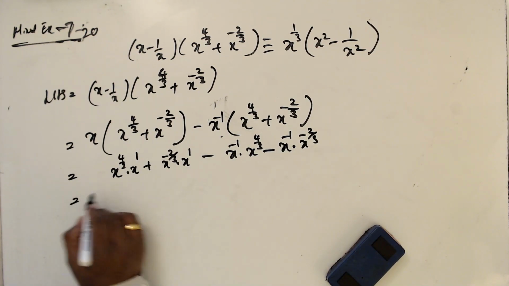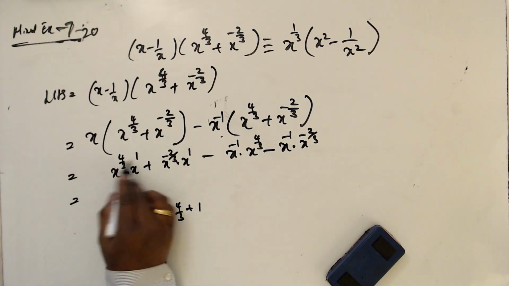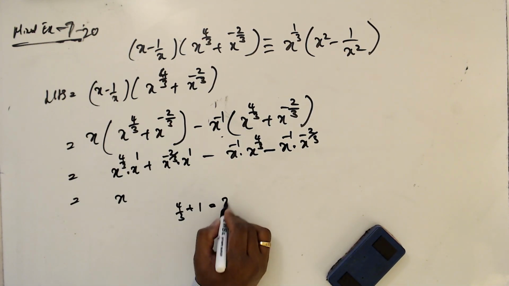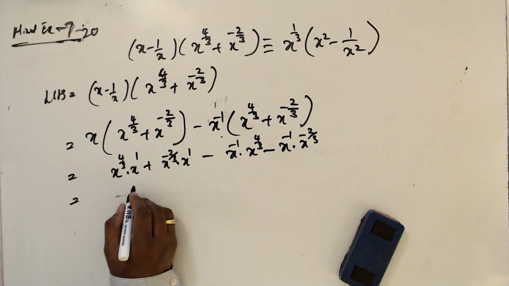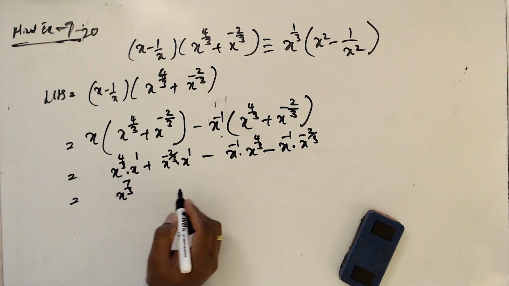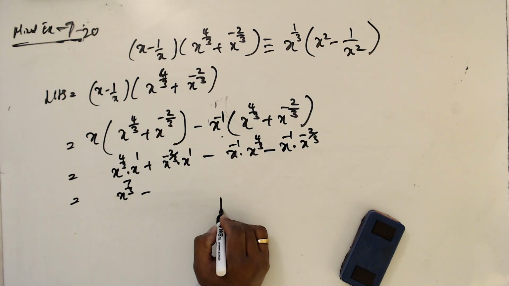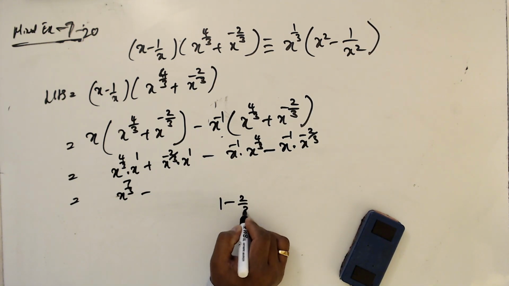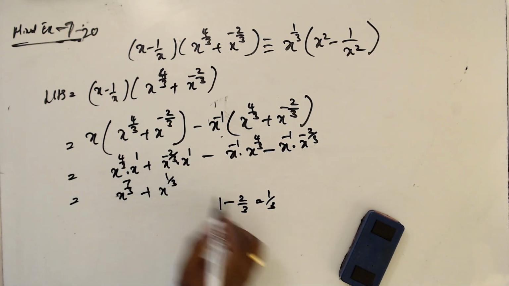Now this is going to be x to the 4 over 3 plus 1, that is 7 over 3. x to the 7 over 3 plus this is going to be 1 minus 2 over 3, 1 over 3, x to the 1 over 3.